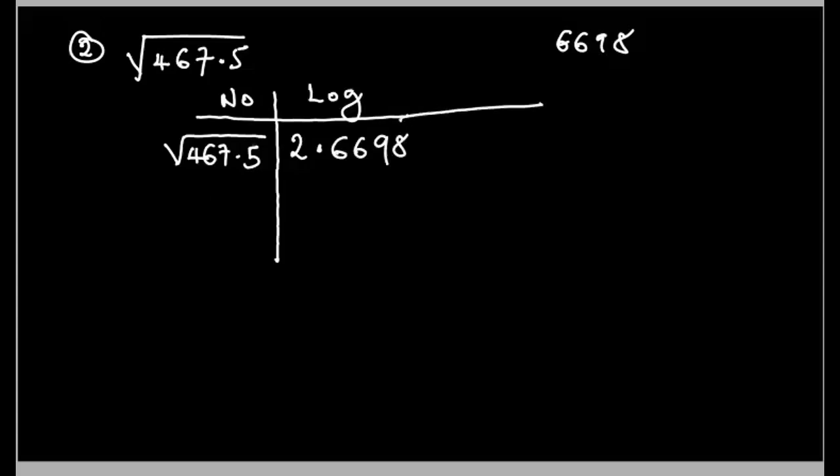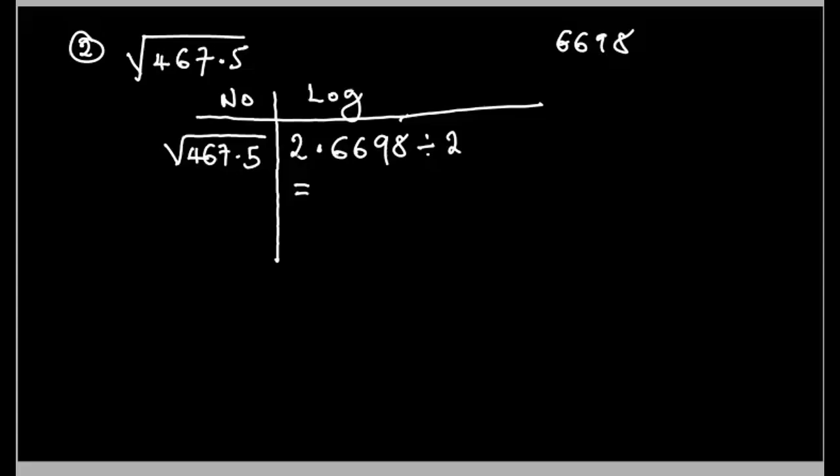Now, this is a square root, so we divide by 2. Yes, we divide by 2 since it's a square root. If it were a cube root, I'd divide by 3. So for root signs, don't forget you divide. For powers, you multiply.